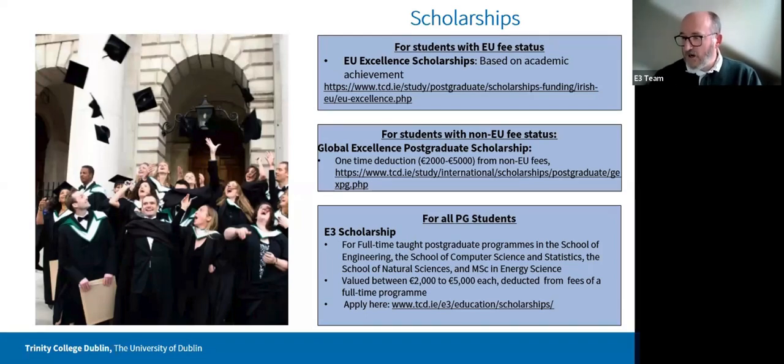And these, in a way, are a concrete example of the support that the university is demonstrating for the E3 initiative. We would encourage anybody who has an offer or who plans to apply for these programs to submit an application to these scholarships.